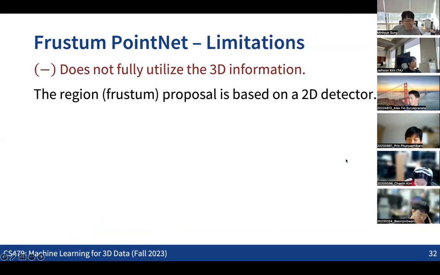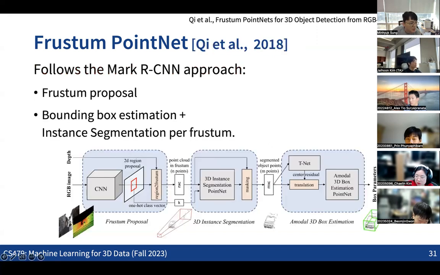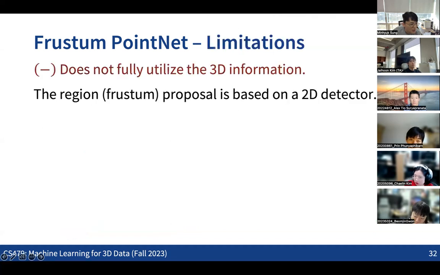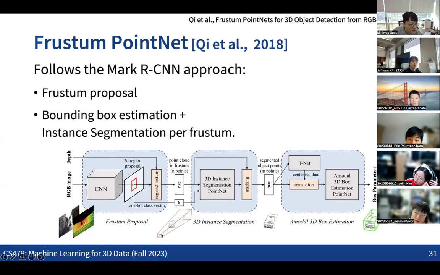But still, the downside is that it still has the 2D detector, which is still treating everything as 2D, while we have the fully 3D information. What is a frustum? The frustum is basically a truncated rectangular cone shape.